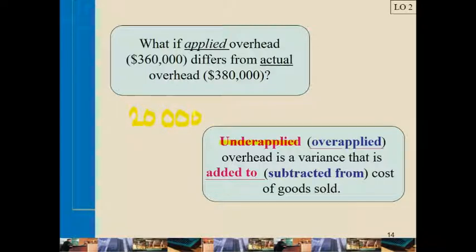So, this 20,000 you will add to your cost of goods sold to achieve your actual overhead of 380,000.